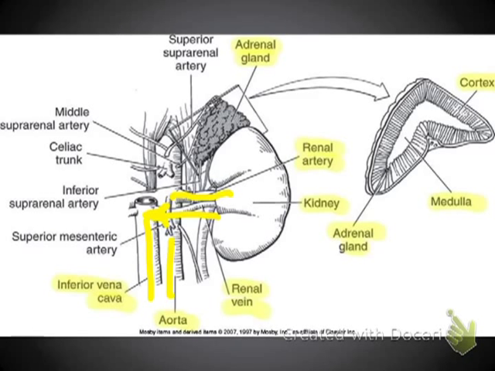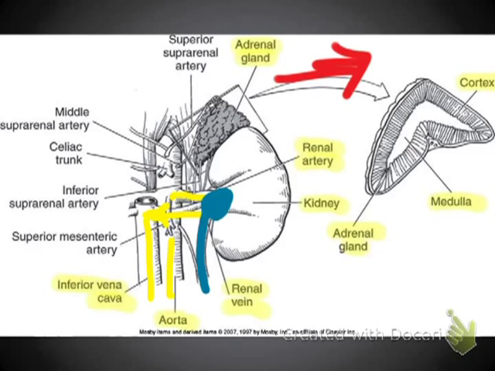We also have the ureter coming down here, and the renal pelvis here. But the real reason for this diagram is that we want to focus on this image over here, which is the adrenal gland.